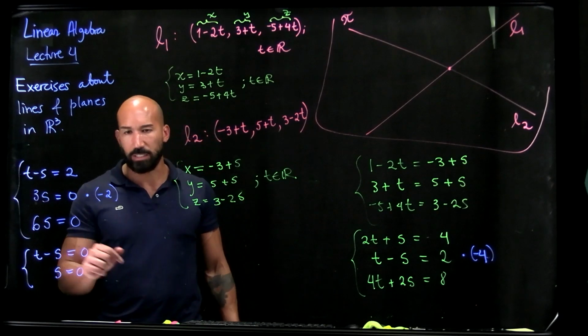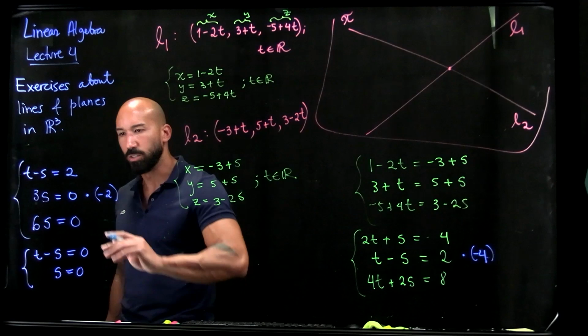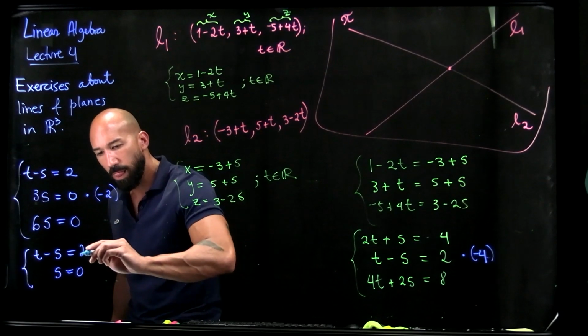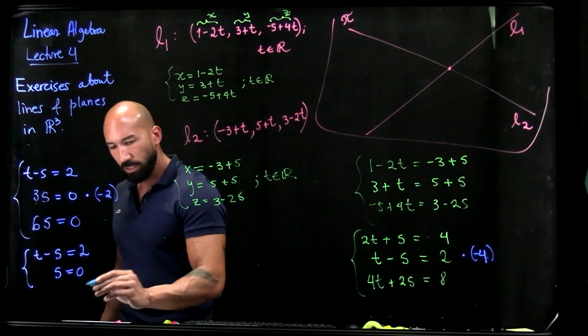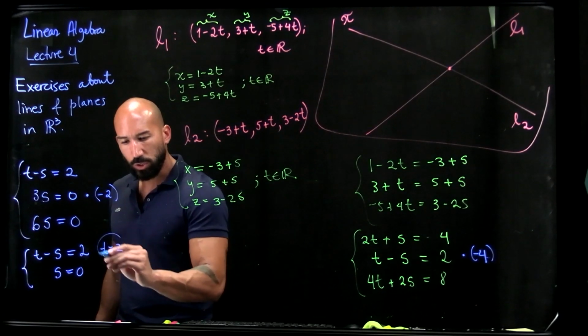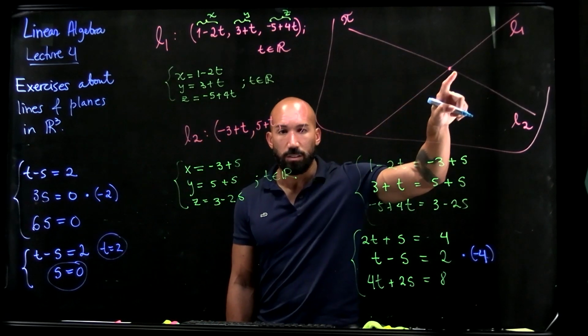But if s is 0, okay. Oh, sorry, set 2 here. If s is equal to 0, then t is 2. This is not my intersection point.